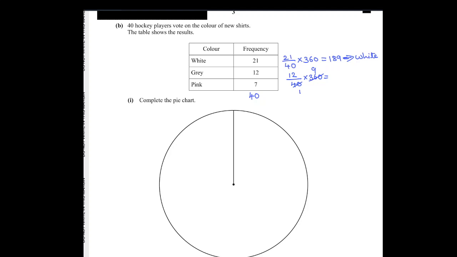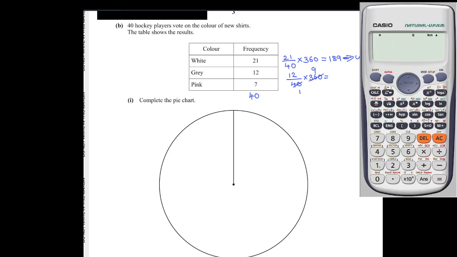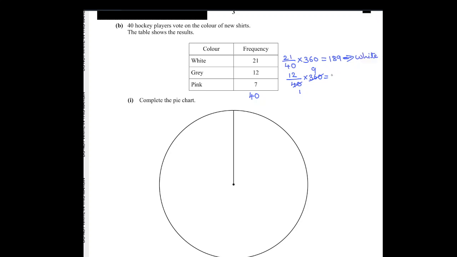So just do 12 times 9, you can get the answer. 108. This is for grey. And next is 7 by 40 times 360, which will be 7 times 9, that is 63, which is for pink.